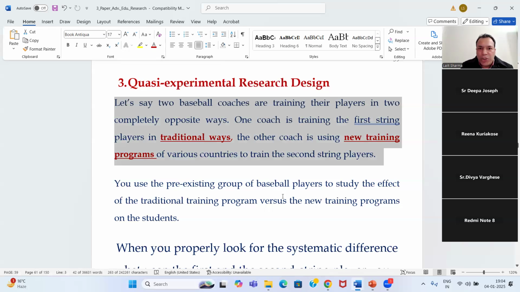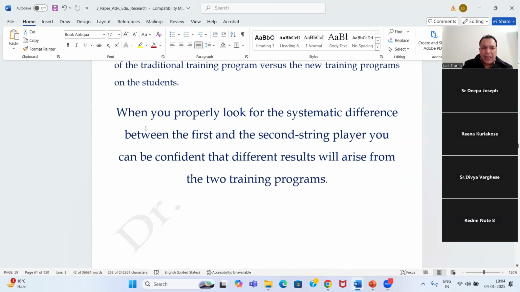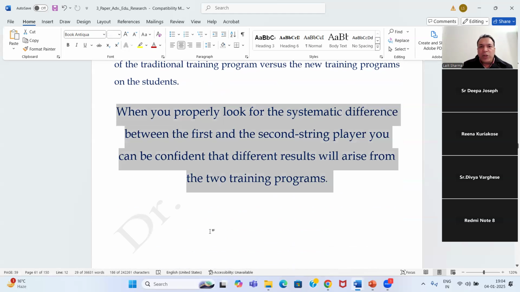Let us say two baseball coaches are training their players in two completely opposite ways. One coach is training the first string players in a traditional way. Other is using the new training program of a various country to train the second string players. अब ये देखो यहाँ पे आ जाओ सीधा. When you properly look for the systematic difference between the first and the second string players, you can be confident that different results will arise from the two training programs.